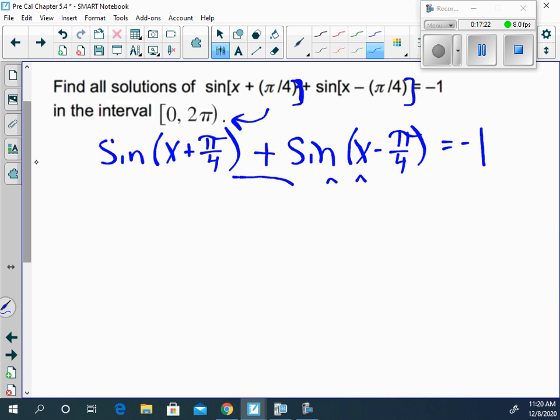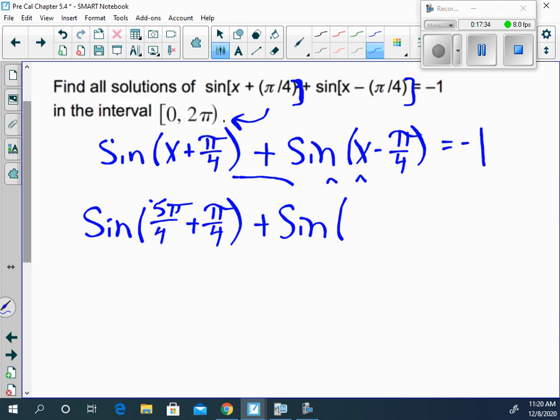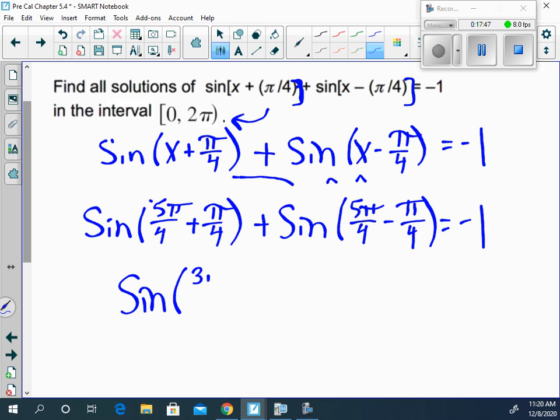Now the other one was 5 pi over 4. Sine of 5 pi over 4 plus pi over 4, plus sine of 5 pi over 4 minus pi over 4, is supposed to equal -1. Well, that'd be 6 pi over 4, which is 3 pi over 2.